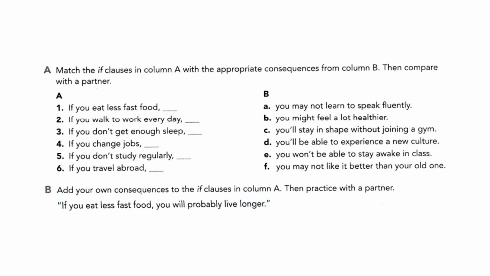But this is a much longer topic, and we need more time in order to explain all of that and to practice with that. So for now, only the number one. Match the if clauses in column A with the appropriate consequence from column B, then compare with a partner. Okay, so let's start with number one.